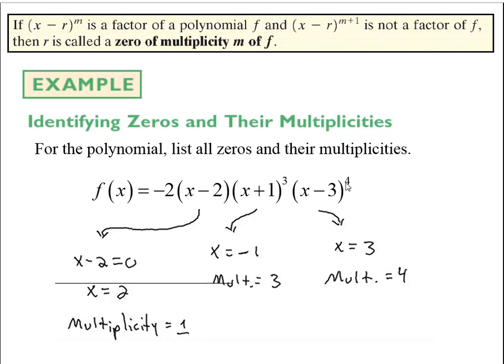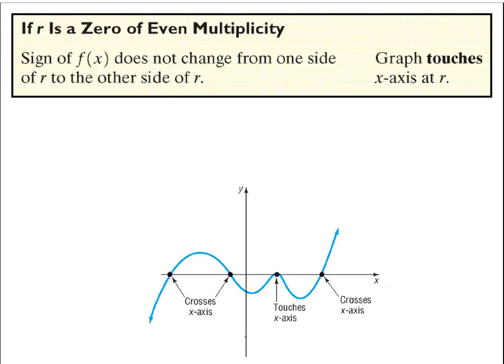Now, what is the purpose of that conversation? Well, the behavior of the graph is going to change based on its multiplicity. And here's what we're going to see in general. If that exponent, the multiplicity, is an even number, the graph is going to bounce off, or what the author calls touches. So this would be a 0 that has an even exponent, an even multiplicity.